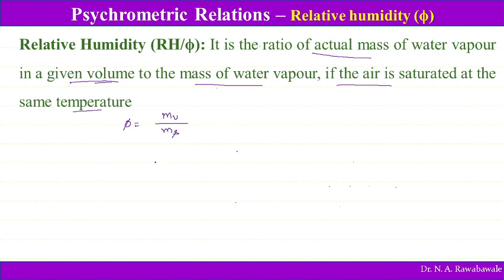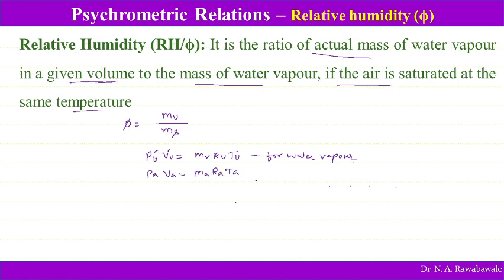So PV into VV is equal to MV RV TV, we can write for water vapor. As you know, what is PV, VV, everything, and then PA VA is equal to MA RA TA.